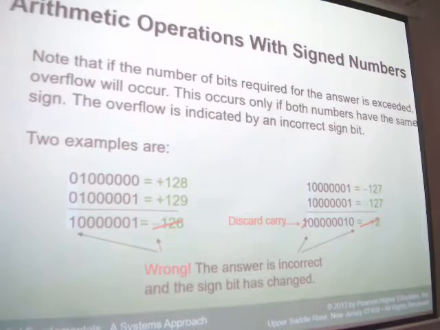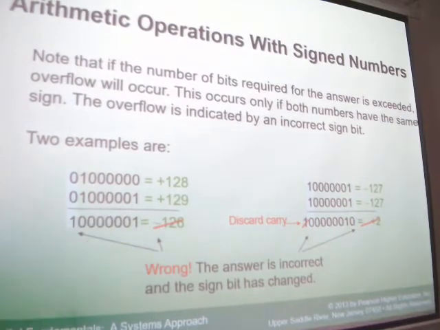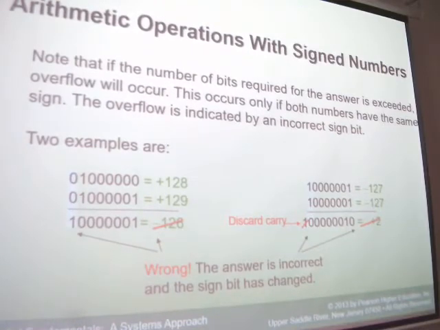If the result exceeds this range, the result will overflow. Overflow will occur because minus 128 is less than minus 127. So the result is wrong.